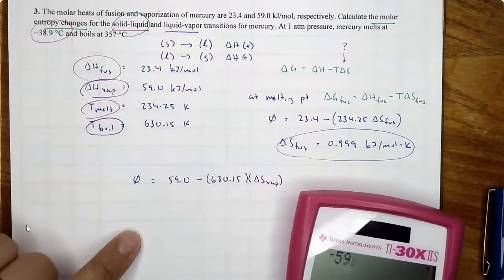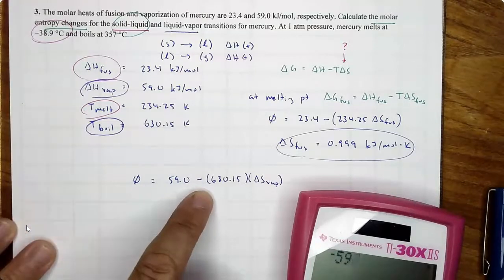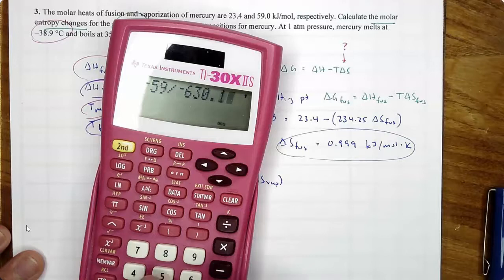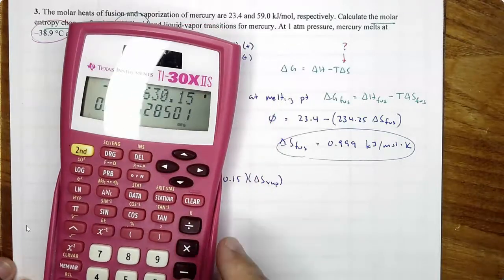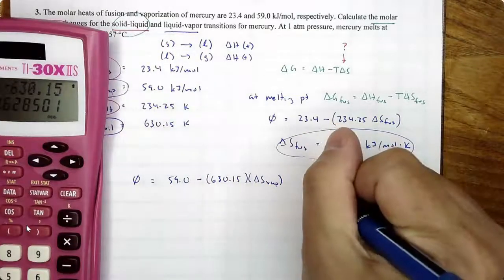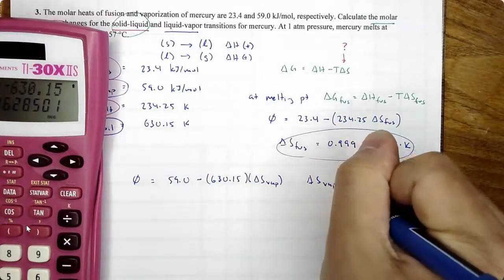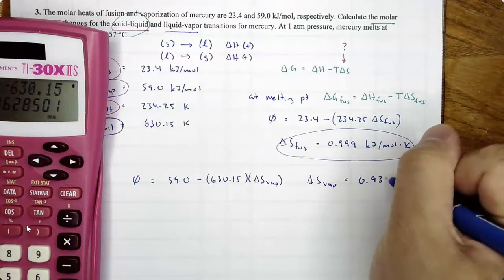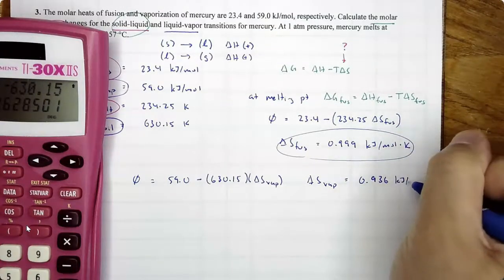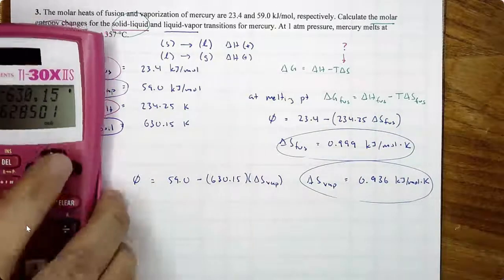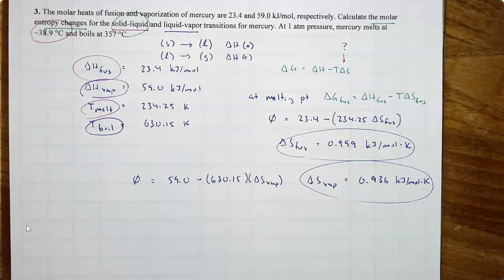And then I would have to divide by negative 630.15. And it's kind of close to this number. So delta S vap equals 0.936 kilojoules per mole K. Those are your two answers.